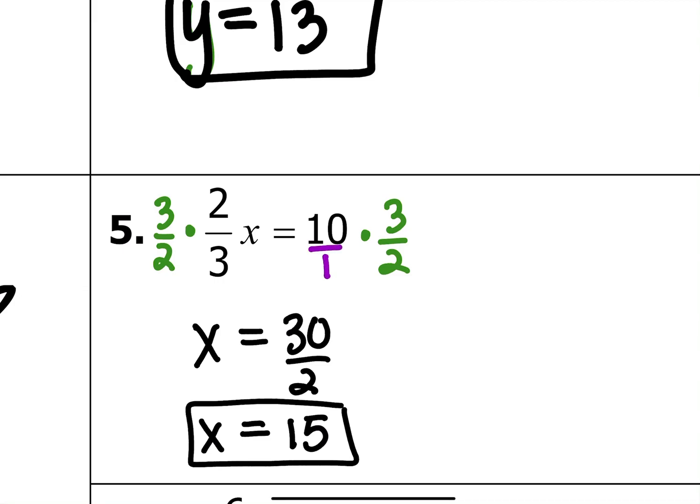Now you could have cross-canceled like this, or you can just multiply across, 10 times 3, 1 times 2, and then simplify at the end. You need to make sure that any fraction that you get gets simplified.